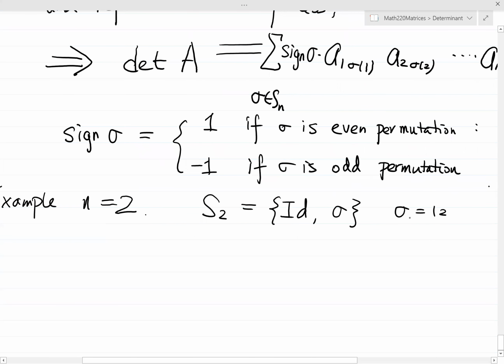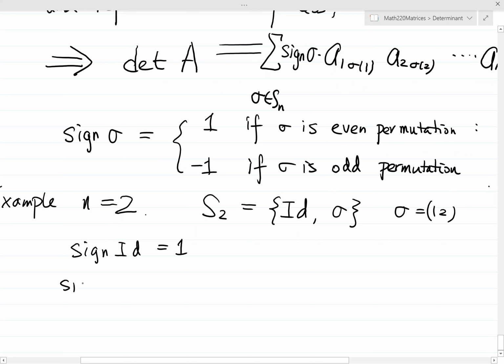You switch 1 and 2. This is switching 2 objects, so this is a transposition. The identity has no transpositions, so it's 0 transpositions. So the sign of the identity is 1.